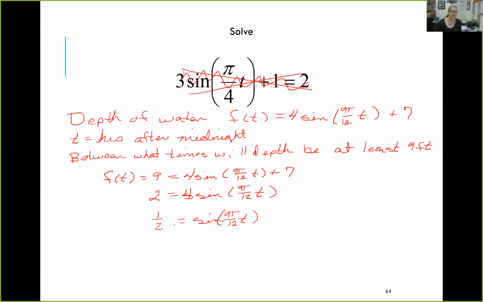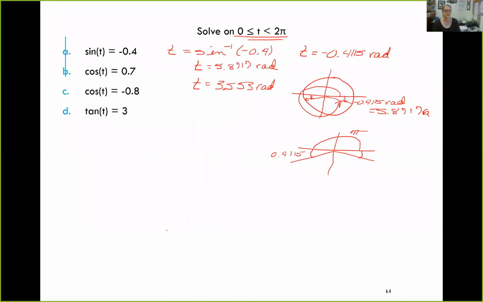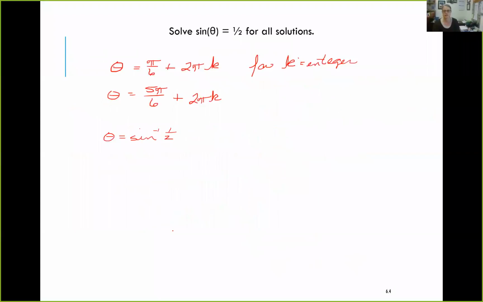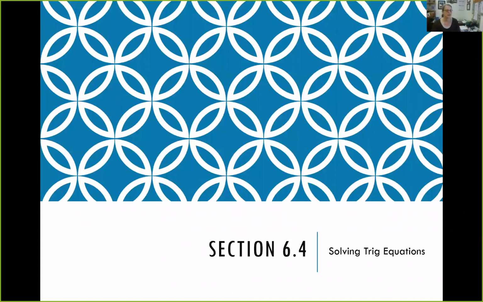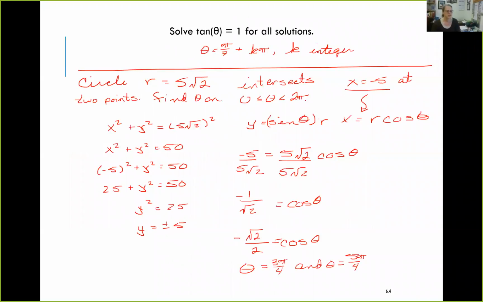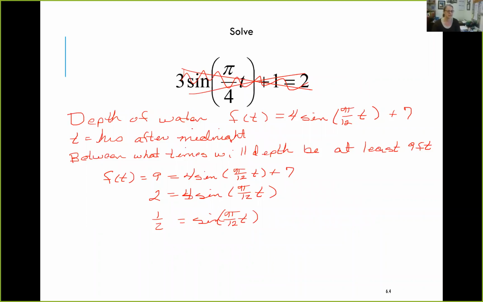Now, 1/2 is a known unit circle value. We can find the angles for which sine is 1/2. If we look at our unit circle, we can see that the sine is 1/2 at pi over 6 and 5 pi over 6. But let's look at what's inside my trigonometric function. Is that theta?